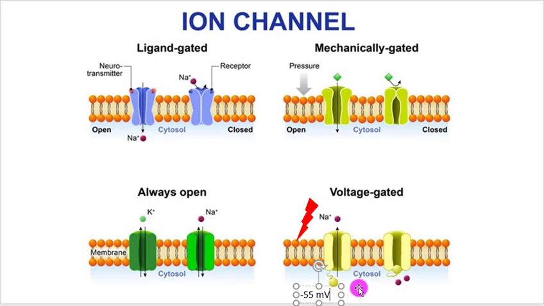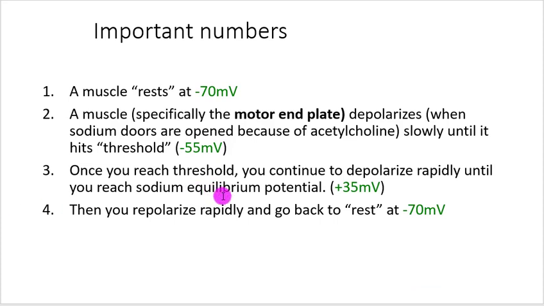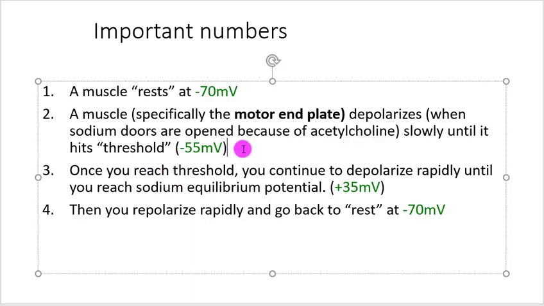Well, the term that's commonly used for that is threshold. You've all heard the term threshold before. The question then becomes, threshold for what? In this case, it's the threshold for opening of voltage-gated ion channels.